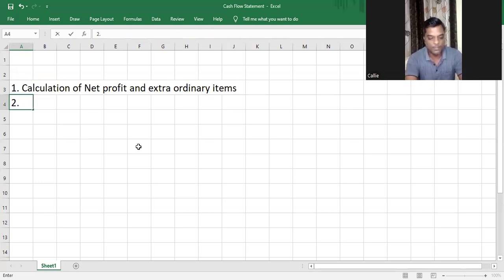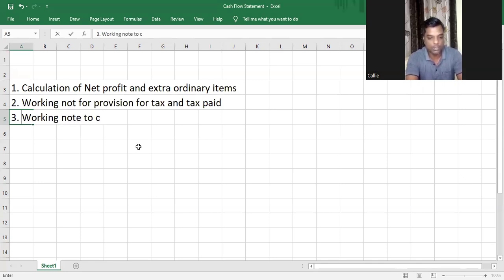And second will be working note for provision for tax and tax paid. And third, my dear children, would be working note to compute purchase / sale and depreciation on fixed assets.